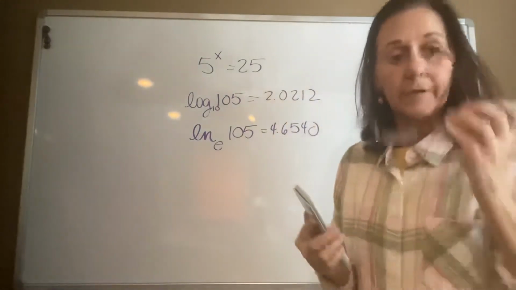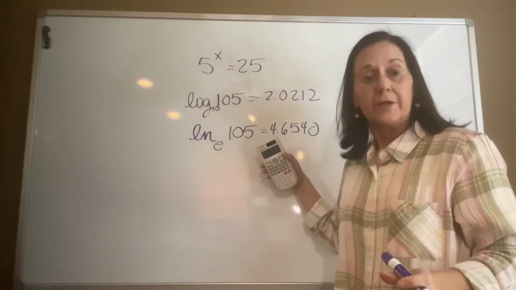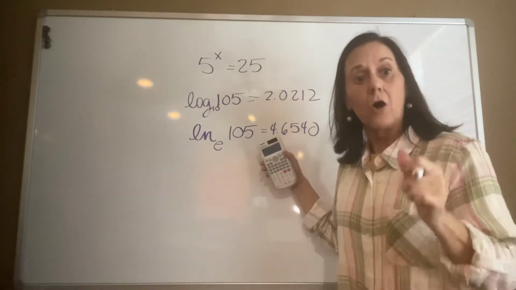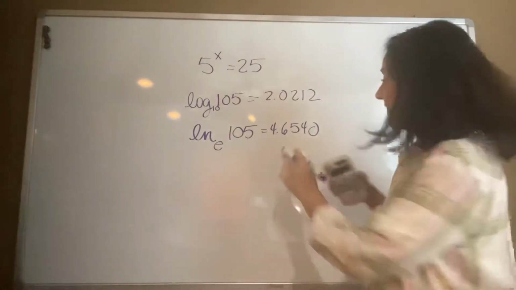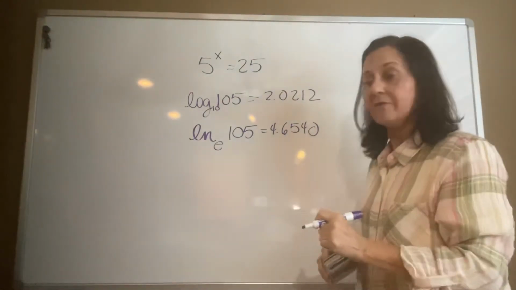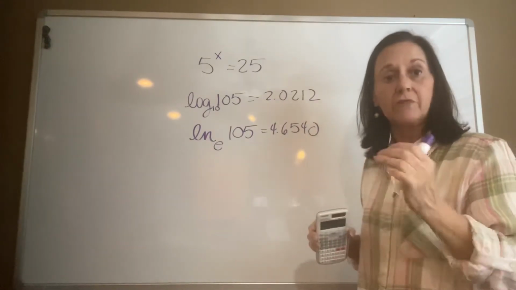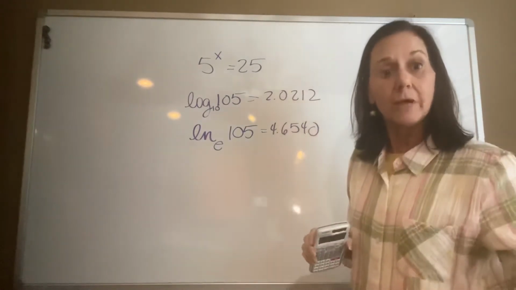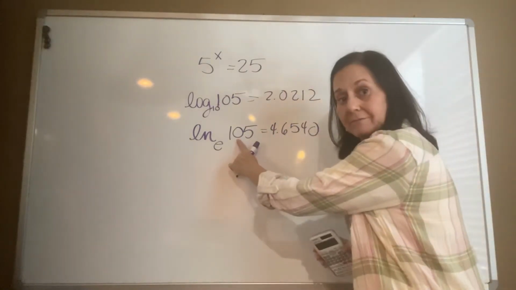It equals 4.6540. I can write this in exponential form because remember, in logarithms, we are solving for the exponent. This 4.65 is my exponent. In logs, we're solving for exponents. In exponents, we're solving for the anti-log.